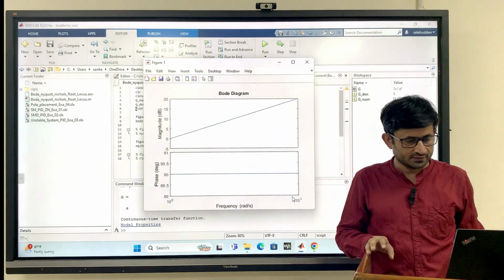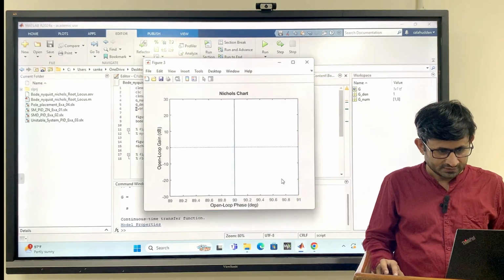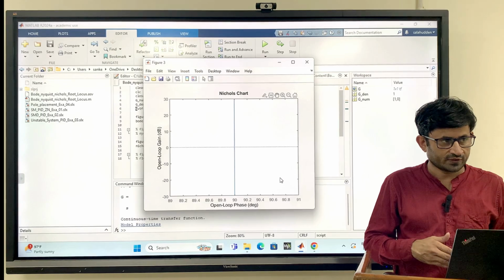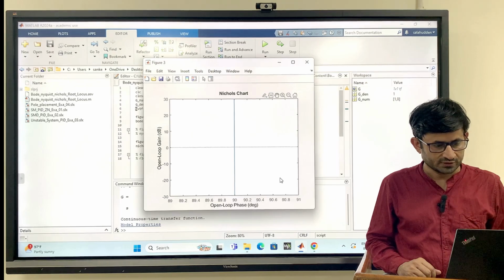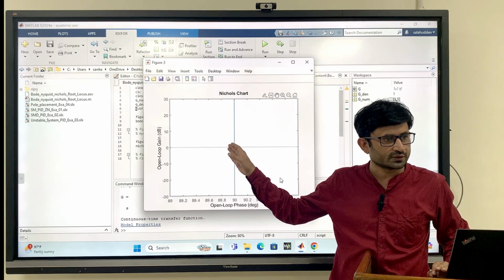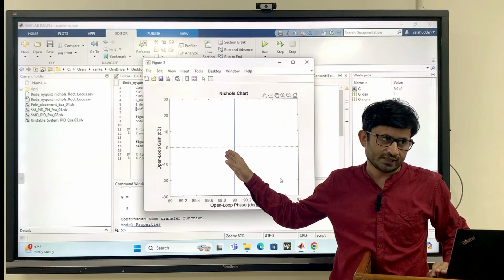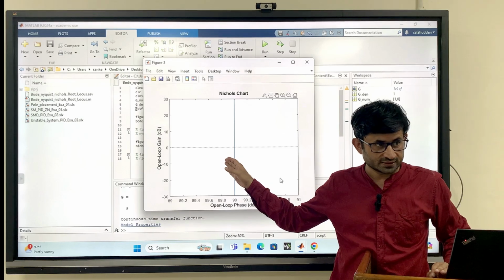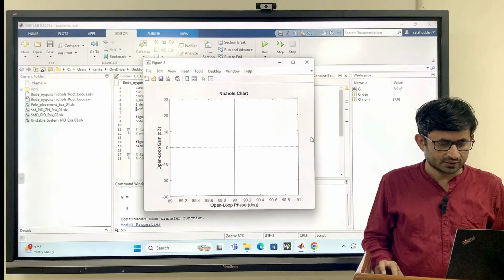We have already seen this in the Bode plot class, in both theory, in flight control system design and Simulink in this course. You can see that for all frequencies the phase is plus 90 only. So plus 90 for the transfer function s case and minus 90 for the transfer function 1 by s case, for all frequencies. This is the purpose of the Nichols plot.